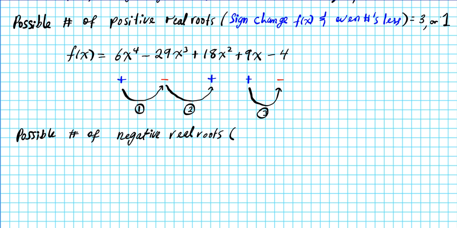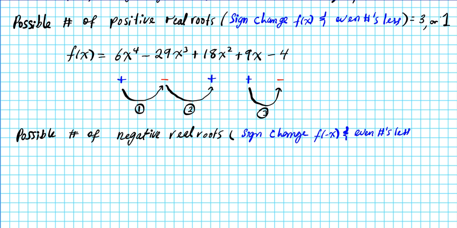Okay, so let's write it down. We're looking at the sign changes of f of negative x. The number of sign changes of f of negative x, and even numbers less.